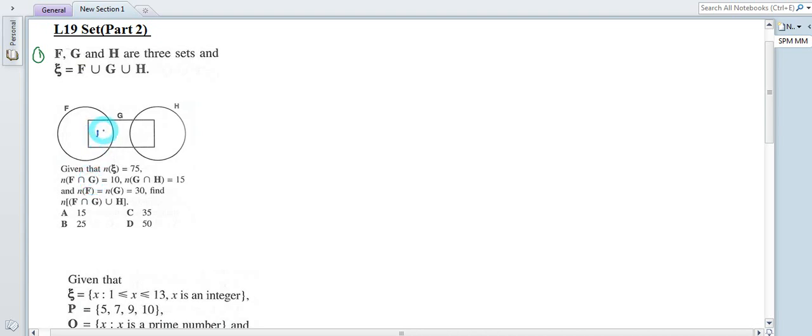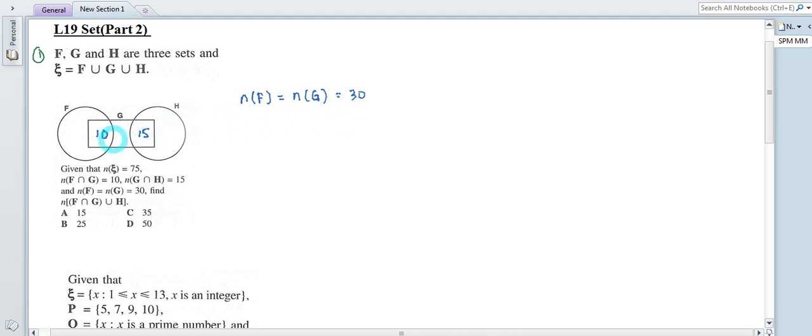So we just write 10. Okay, so G intersection H will be here, 15. Okay, n(F) equal to n(G), which is 30. So now be careful.